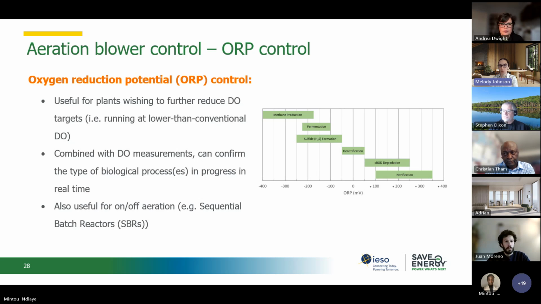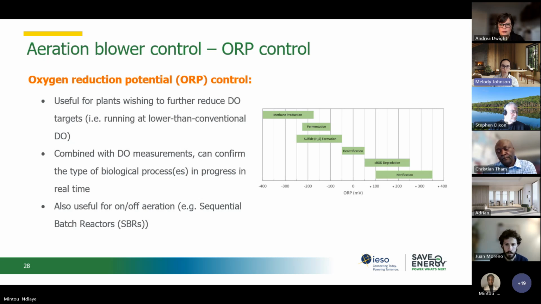If you want to run a system with on-off aeration, which SBRs often do to reduce energy use, ORP can tell you when you switch from BOD degradation to denitrification mode. Then that can give you some insight as to when to turn the blower back on to avoid anaerobic conditions. Denitrification takes place from -50 to +50. If you're in that range, you can keep the blower off.